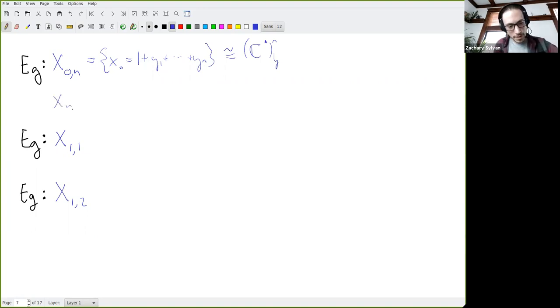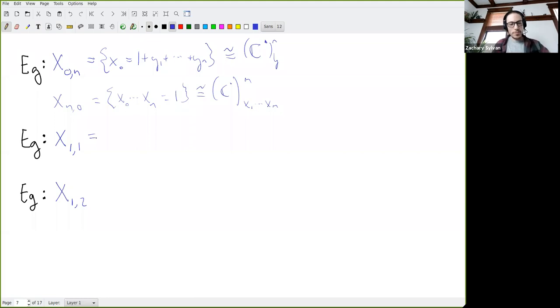If we did X_n^0, we would get x_0 up through x_n equals 1, with no y_0. And so this is isomorphic to (C star)^n with coordinates x_1 up through x_n. Right? We can solve for x_0 and use the others as the coordinates. And we know (C star)^n is indeed mirror to (C star)^n.